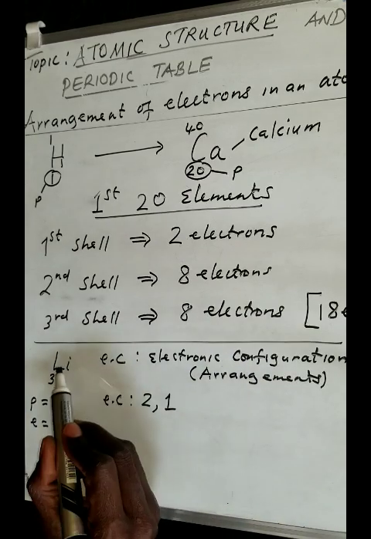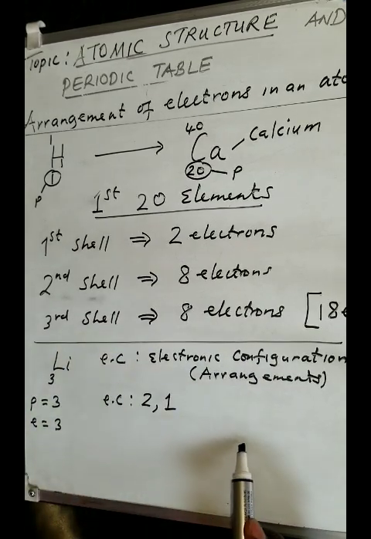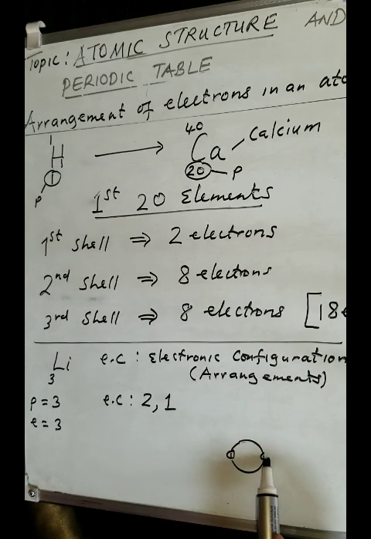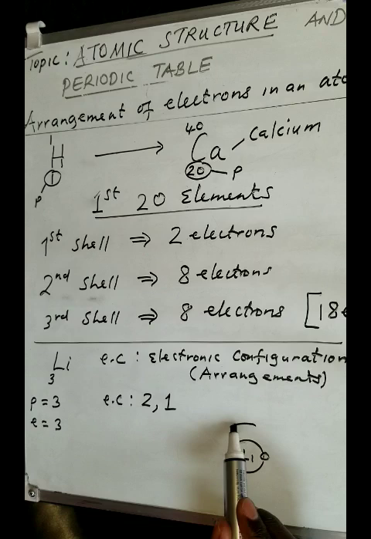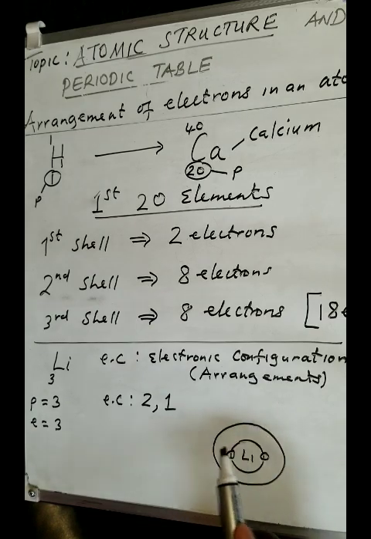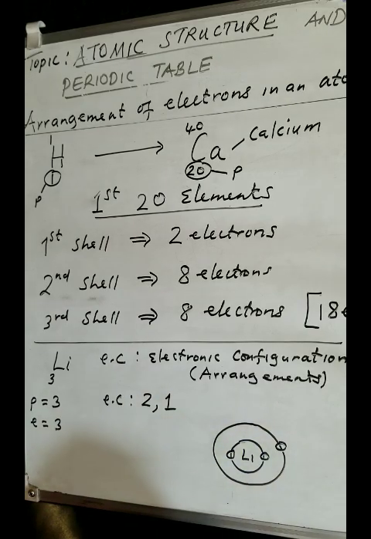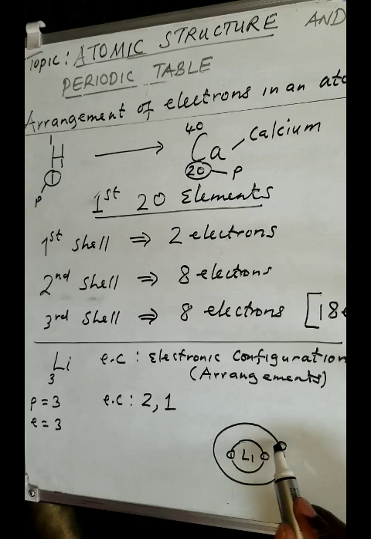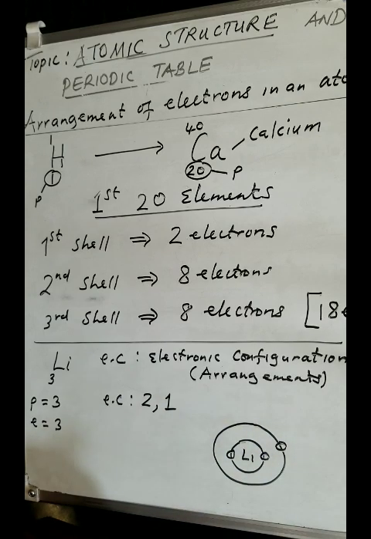If I was to draw the structure of lithium, it simply means that in the first shell I was going to put 2 electrons, and in the second shell I was only going to put 1 electron. The dots that I'm using represent the number of electrons.